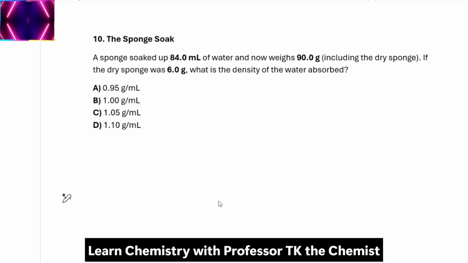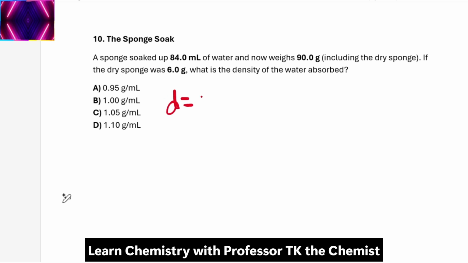All right, number 10. Let's see if you all can solve that one. It says a sponge soaked up 84.0 milliliters of water and now weighs 90.0 grams, including the dry sponge. If the dry sponge was 6.0 grams, what is the density of the water absorbed?